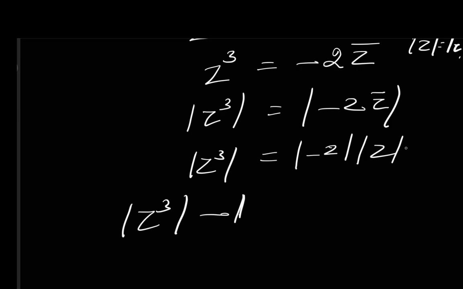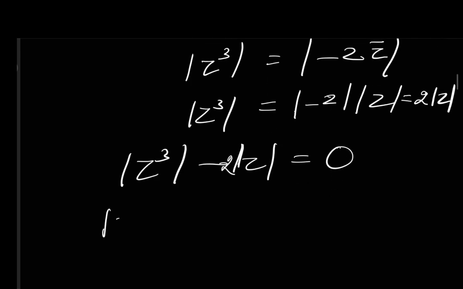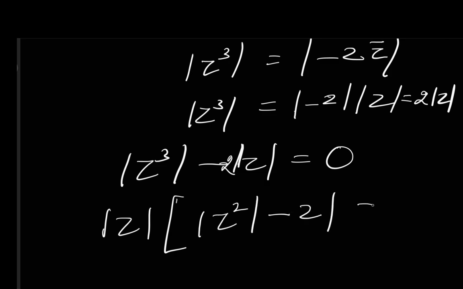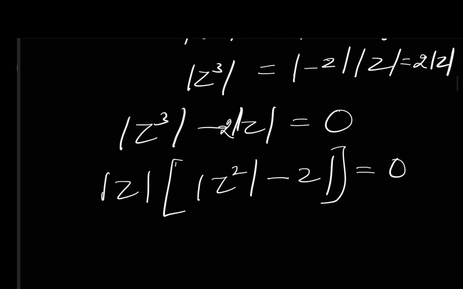And also one more concept: modulus of minus is also plus. If you consider it in the modulus, you can have this. So just it is 2 z. So write modulus z cube minus 2 modulus z is equal to 0. Taking one modulus z outside, you will get modulus z into modulus z squared minus 2 is equal to 0.